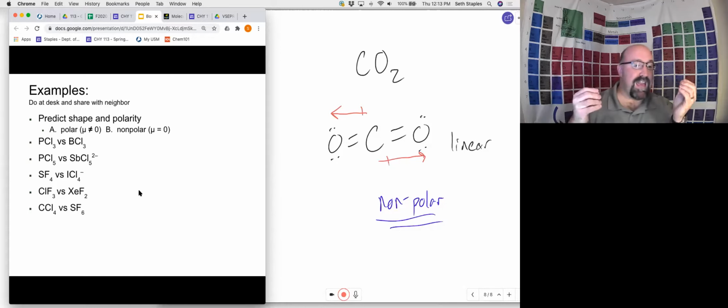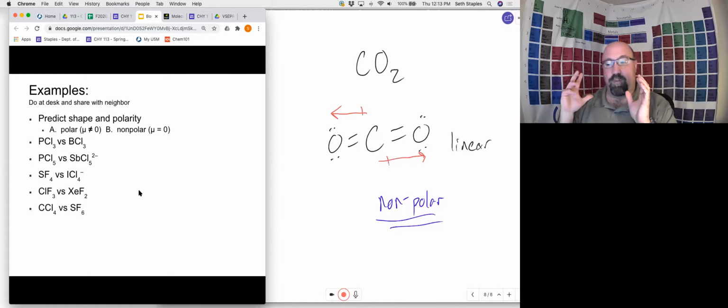And so just to recap, what we've really covered is we've looked at using our VSEPR chart to determine the electron geometry and the molecular geometry using a Lewis structure. And then using that Lewis structure and the molecular geometry, along with the electronegativities, trying to determine what polar bonds exist in a molecule.